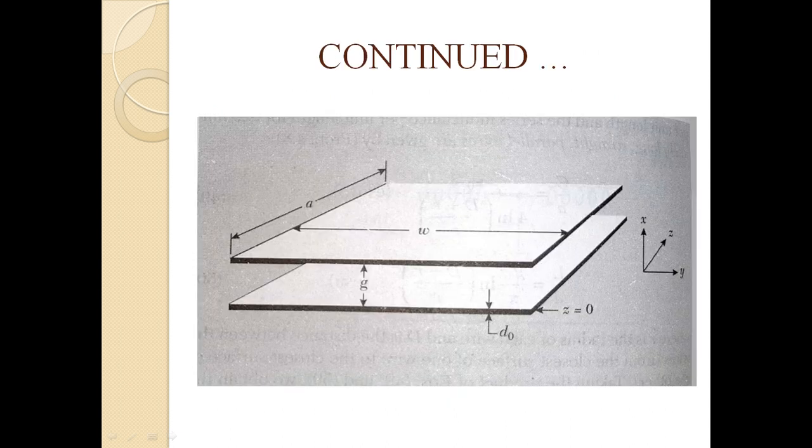Here you can see a sample of parallel plate transmission lines. The x, y, z coordinates are shown in the right side of the figure. From this figure, we can see that the width of the transmission line along the y direction is assumed as W, and along x direction the gap between the plates is represented by G.